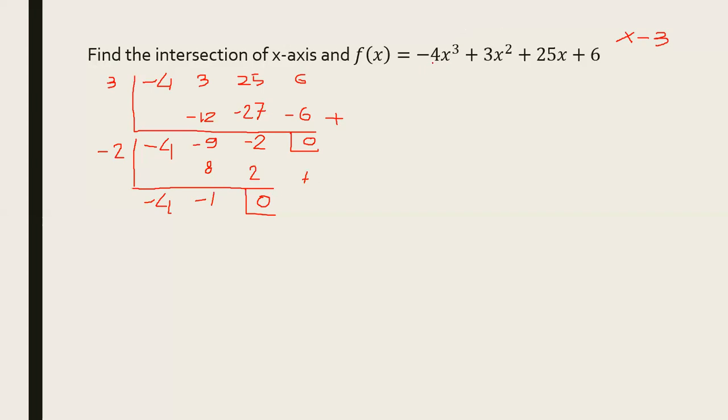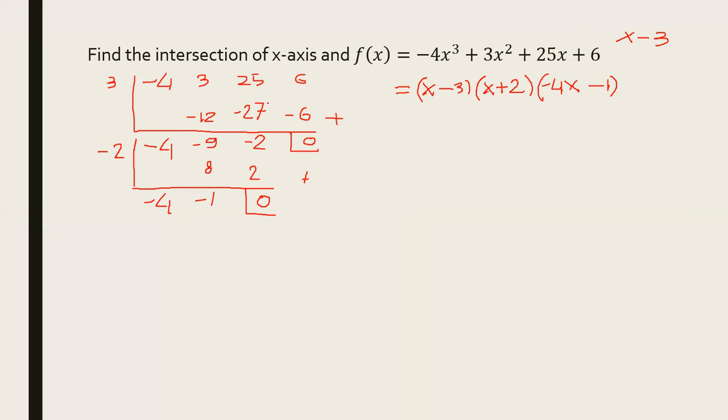So it means negative 4x cubed plus 3x squared plus 25x plus 6 is comprised of 3 terms multiplied: x minus 3, x plus 2, and negative 4x minus 1. Okay.